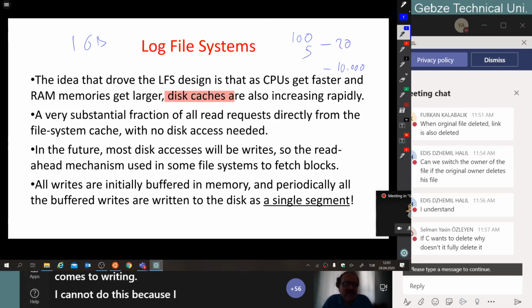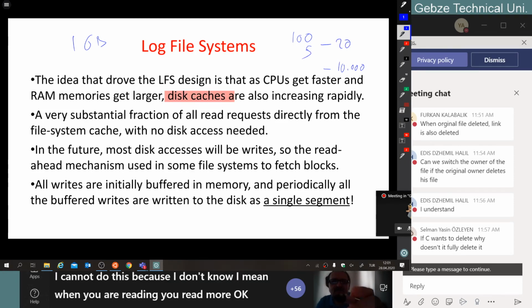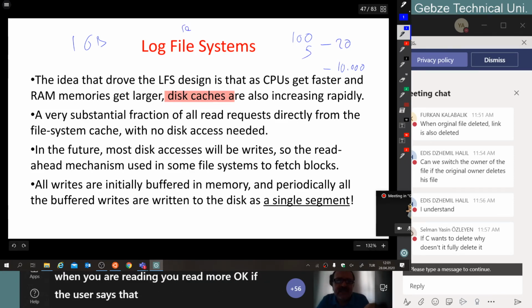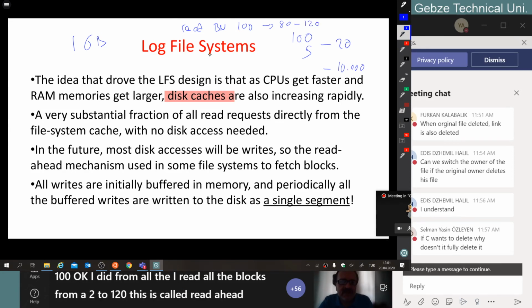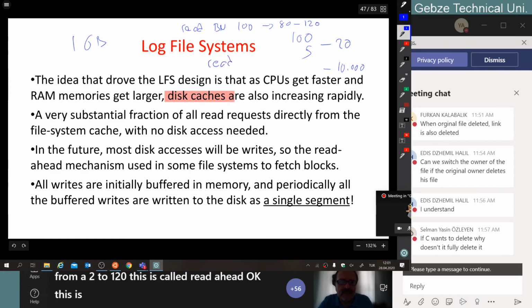When you are reading, you read more. If the user says read block number 100, I read all the blocks from 80 to 120. This is called read ahead.